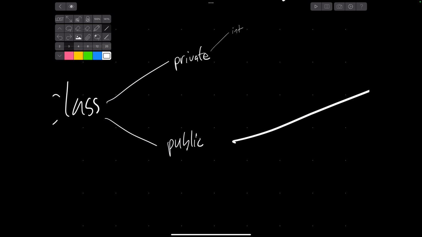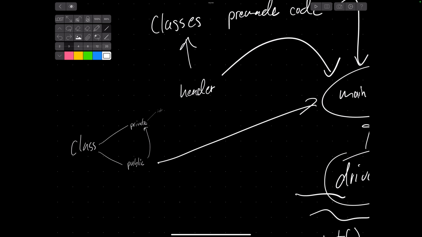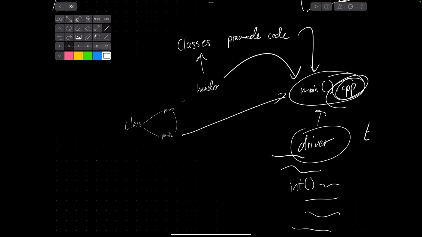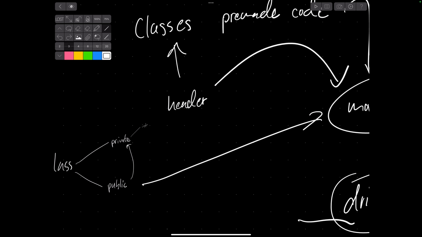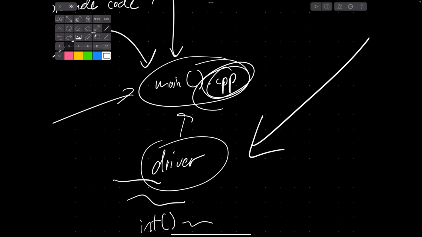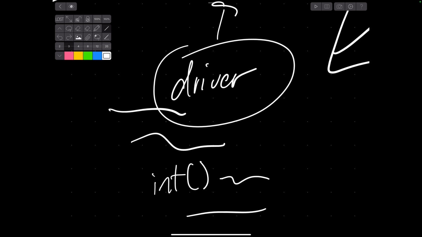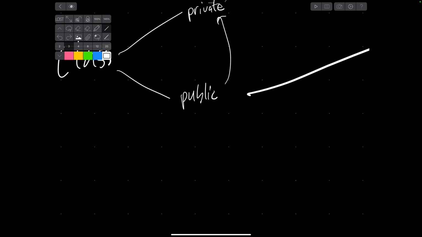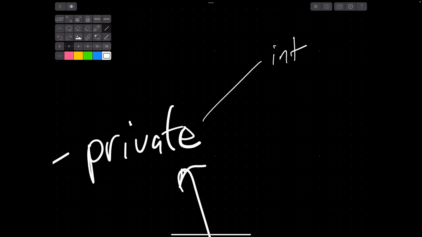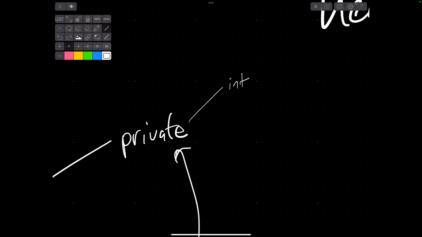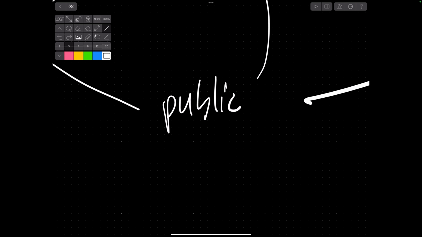And these public methods will end up interacting with our private variables, but the main function won't have direct access to the private ones, because like in the bank account example, we don't want our customer to make their bank balance $999 billion. So we have to keep them private so they're not easily accessible from the main. And then in the public, we are able to control how they're accessed, when they're accessed, and things like that.